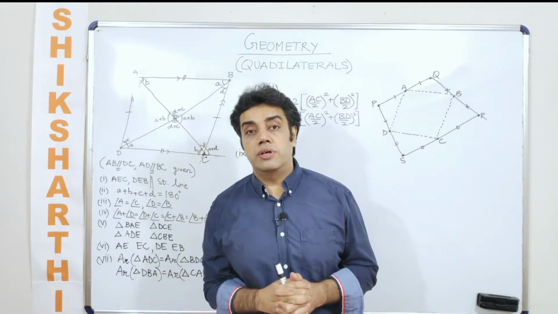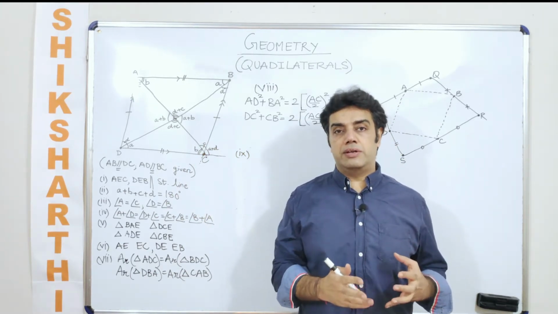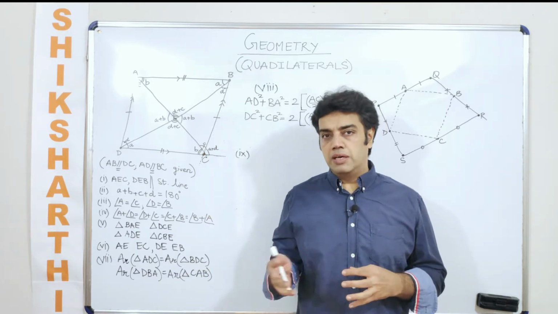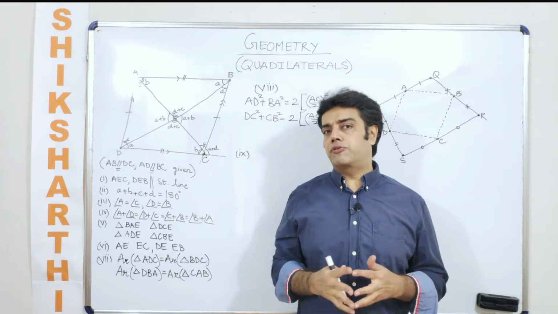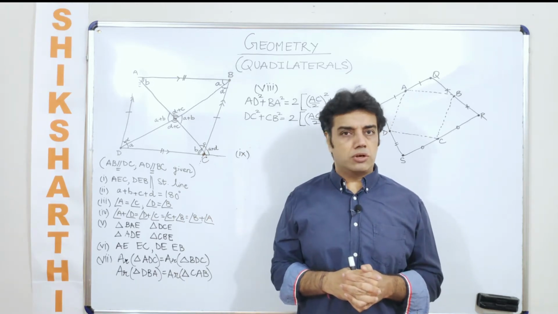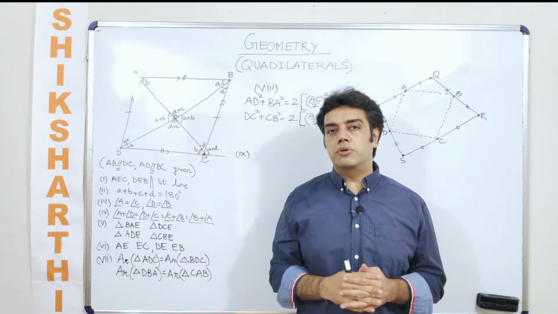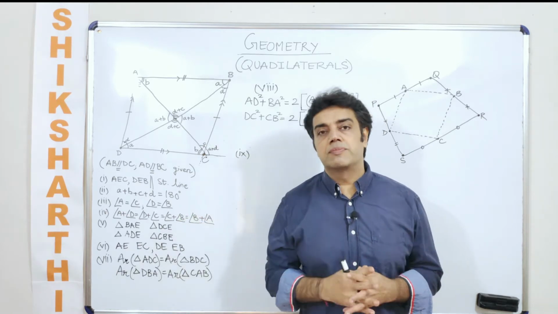Second, we were talking about whether every quadrilateral is a parallelogram. Now, what are the different types of quadrilaterals that we can talk about? We can talk about a square, a rhombus, a rectangle, and the fourth, excluding parallelogram.